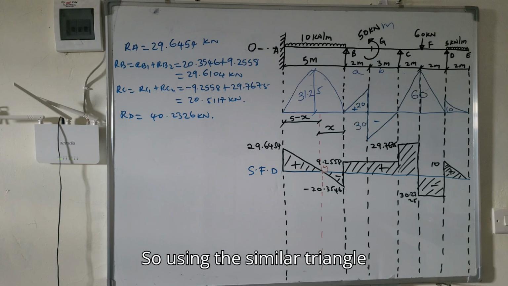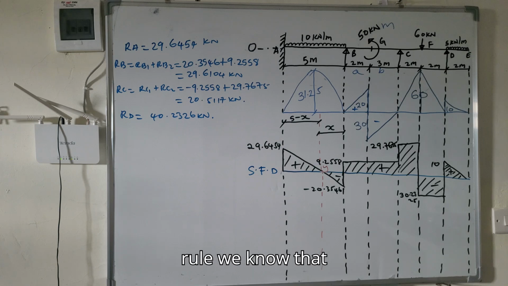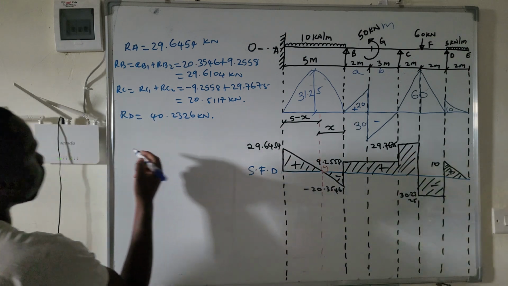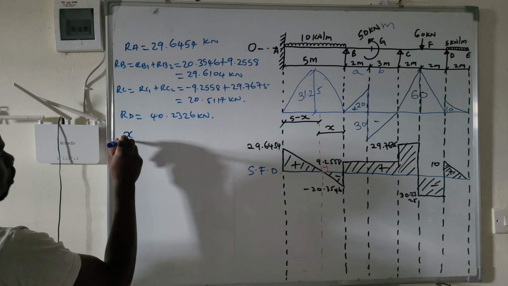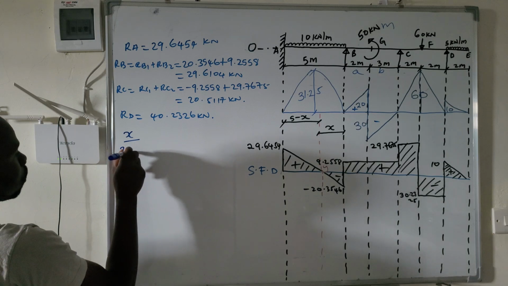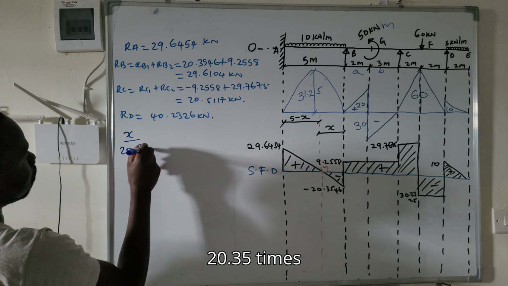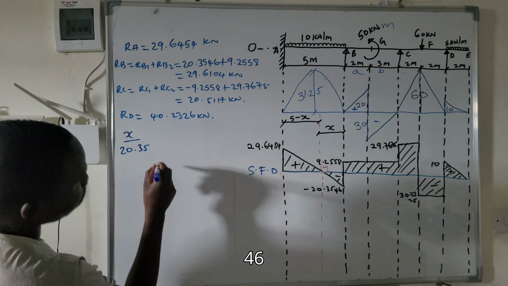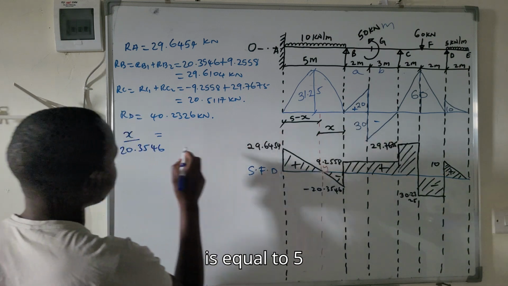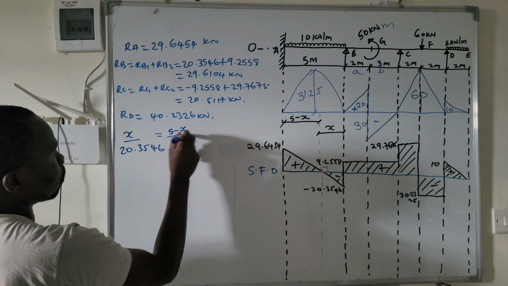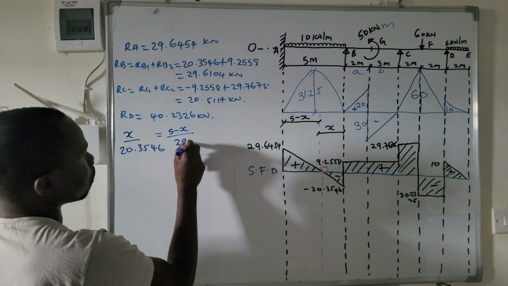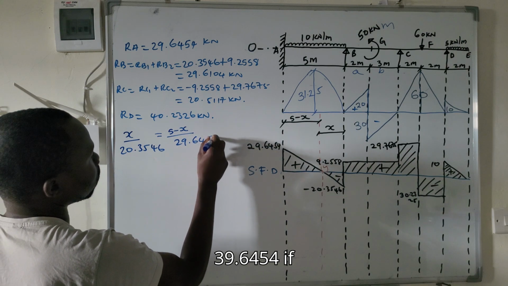So let's see how we can calculate the value of x. Using the similar triangle rule, we know that x, which is from here to here, over the height from here to here, 20.3546, is equal to 5 minus x over the height from here to here, 39.6454.